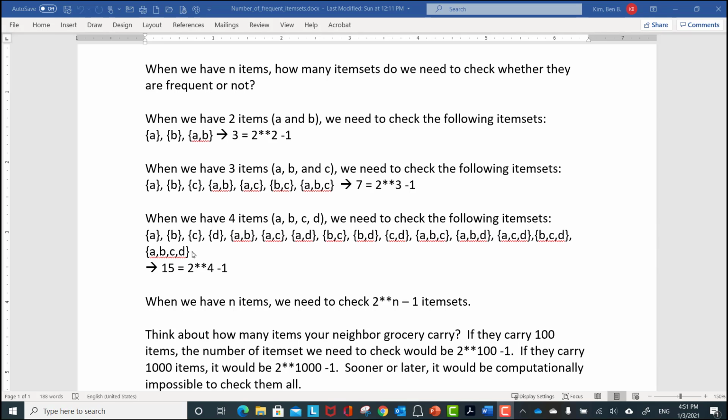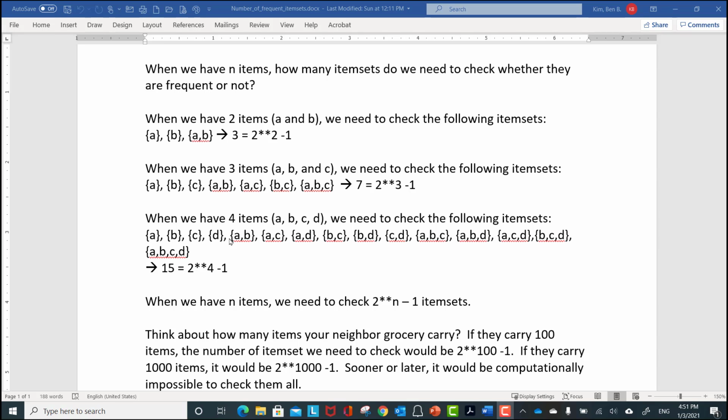Does that make sense to you? So by just figuring out the level of support for A, we prune 1, 2, 3, 4, 5, 6, 7. So we don't have to consider 7 item sets out of 15. A very powerful concept.